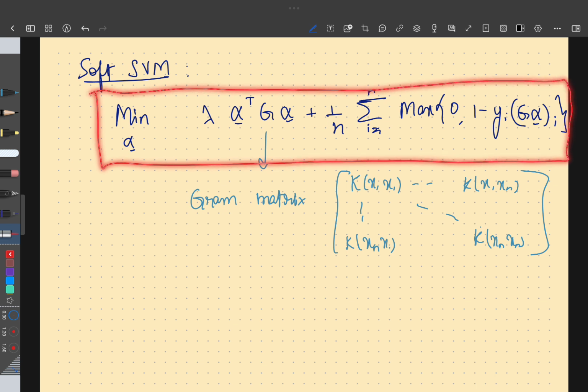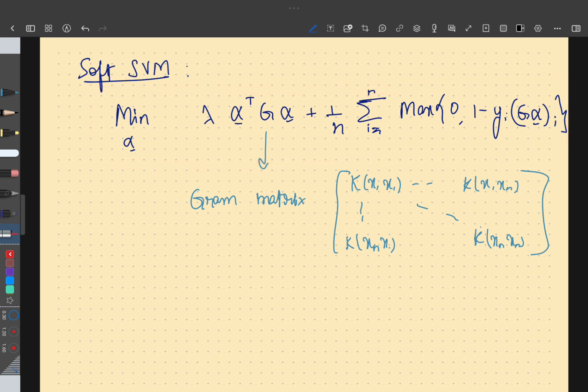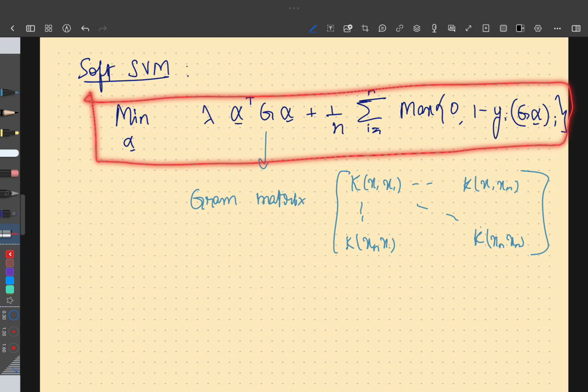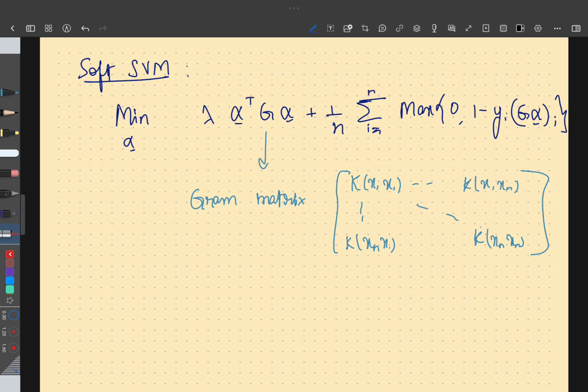Finding the classifier in the feature space corresponds to finding a solution to this particular optimization problem, which is essentially just a quadratic optimization problem. And I can still use techniques like stochastic gradient descent or any other solver for that matter.